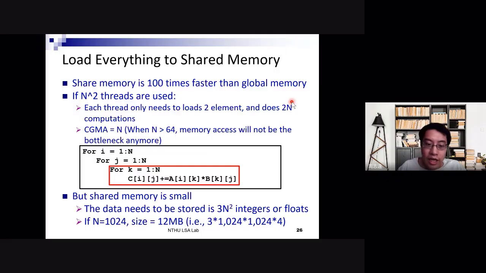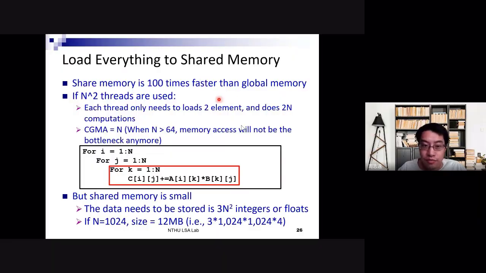And in this case, first of all, just forget about the space limit for shared memory. Just assume that we are able to move all the data from the global memory to the shared memory. So how much memory access do we need?